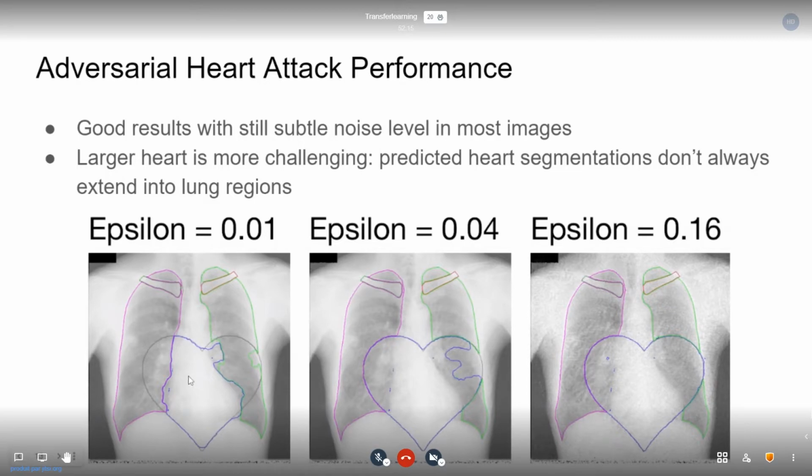Another thing we noticed is that with smaller epsilon, the heart segmentation is extending into regions that have a very similar intensity to the heart, but not into the lung regions that have very different intensity and texture. So it seems that extending segmentations of an organ into regions that have similar visual quality is easier than extending it into regions with very different appearance.